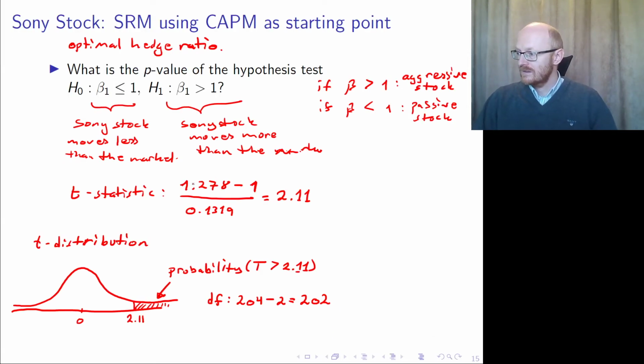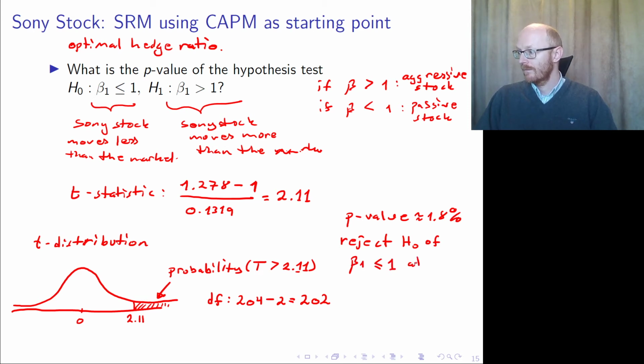So this means that the p-value is around 1.8%, and if we are using a 5% significance level, then we reject H naught of beta 1 less than or equal to 1 at the 5% level.